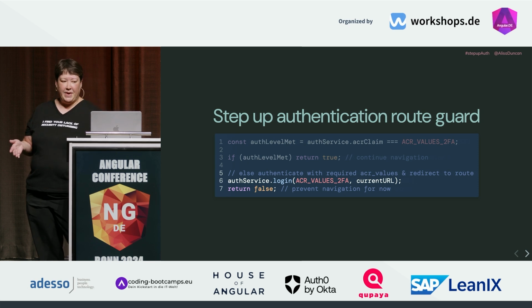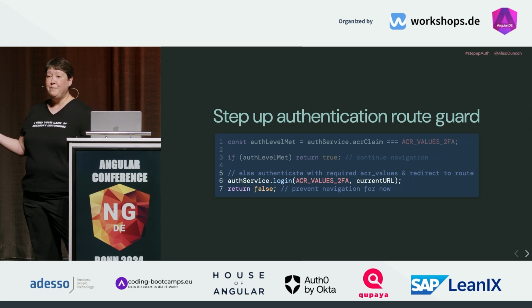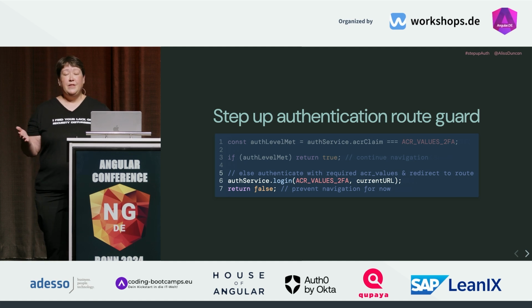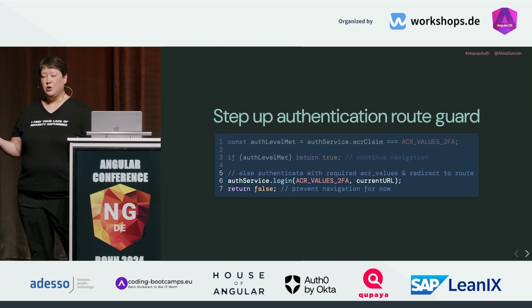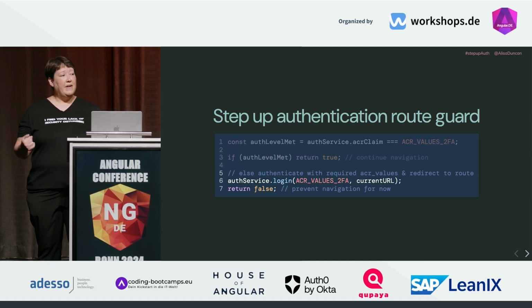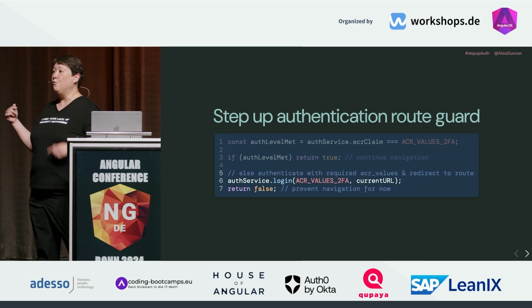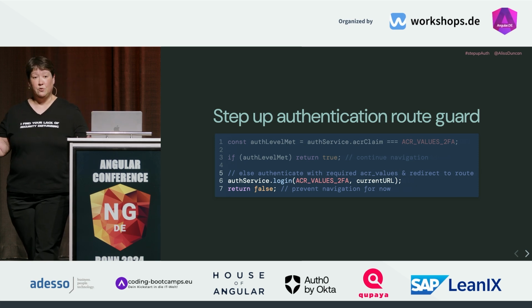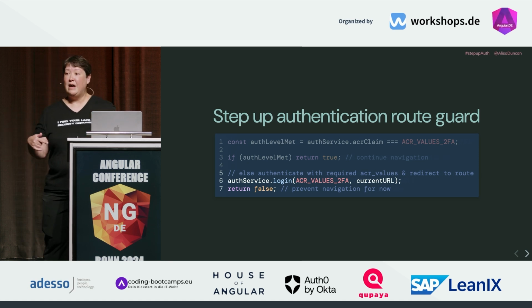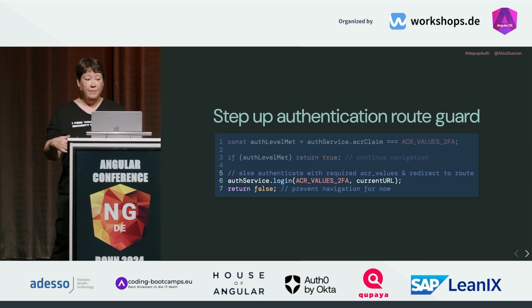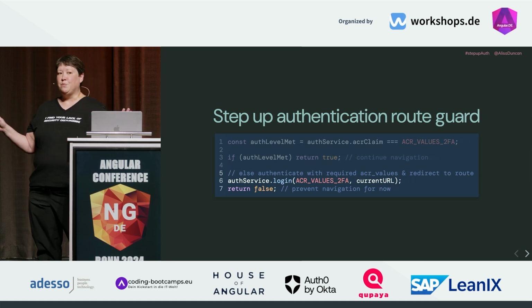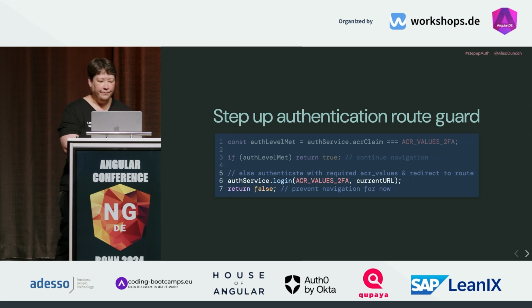Otherwise, if it hasn't been met, then we want to have the user sign back in, pass in the required ACR values, and also keep track of the current URL that they're trying to navigate to. One of the key factors of this spec is that we retry the action that the user is trying to make on their behalf. So we're going to re-navigate back to this URL for the user and return false because we want to prevent navigation for now.